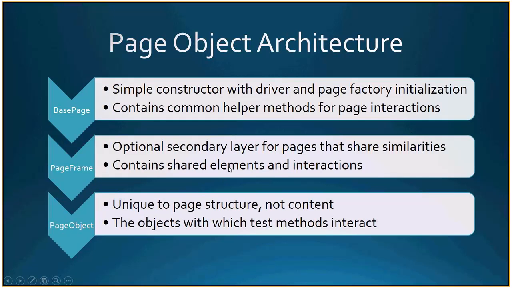All right. For page objects, you'll start with a base page, which is shared by all page objects, and it has a constructor that basically grabs the driver reference and also does the initialization of certain things that you'll need on all pages, such as the page factory, which we'll talk about later, and also like if you have a wait object in charge of doing all the waits for content to load, you'll start it there.